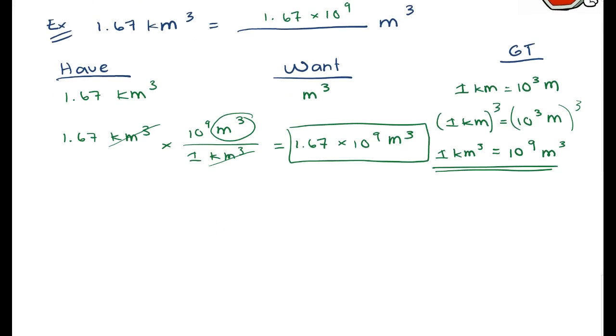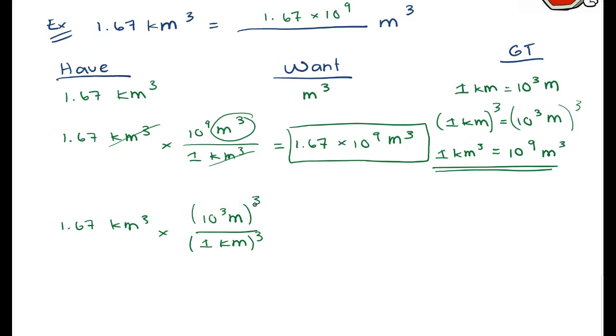One other way to do this is to start off with the original conversion factor here. So I'm going to put 1 kilometer on the bottom, and I have 10 to the 3 meters on top. Notice that these can't cross cancel yet, but if I want to, I can cube it in the problem itself.